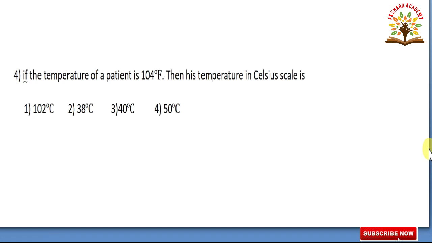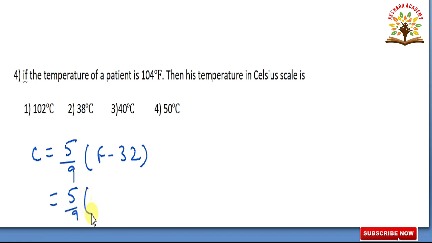Next question. If the temperature of a patient is 104 degrees Fahrenheit, then his temperature in the Celsius scale is? What is the relation between Celsius and Fahrenheit? C is equal to 5 by 9 into (F minus 32). Here F is given as 104. 104 minus 32 is 72.